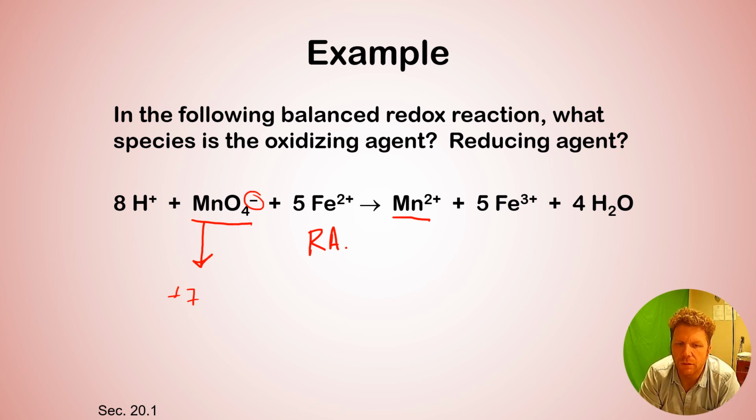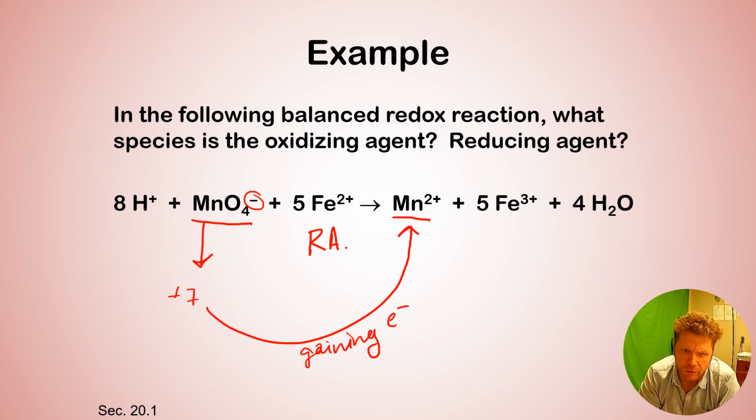So this has gone from a +7 to a +2. How is that happening? Well, that is happening by gaining electrons, 5 of them in fact, and by gaining 5 electrons, that means that manganese became the oxidizing agent. So that's one way to do it.